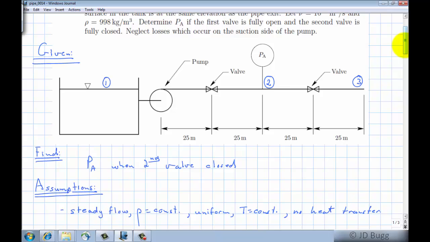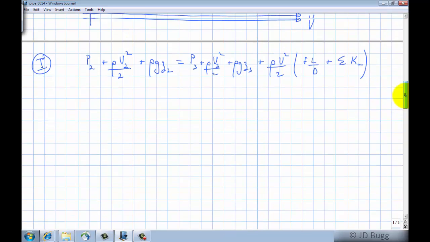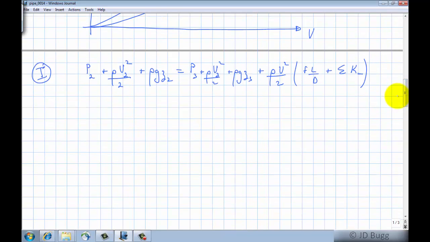So if we go back and we think about point 2 and 3, point 2 and 3 have the same velocity because the pipe diameter is the same. They also have the same elevation. And point 3 is at atmospheric pressure. So all of those things can be applied to this equation as assumptions. So the velocity at 2 and 3 are the same, so that goes.